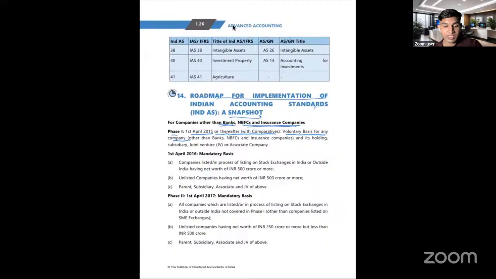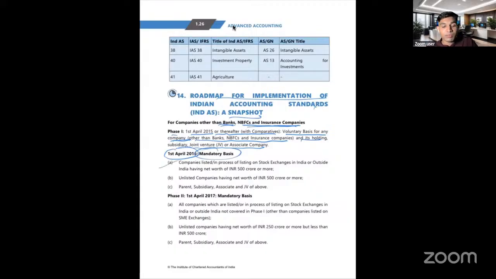They have phase two: phasing in Ind ASs for Indian companies other than banks, NBFCs, and insurance companies, and its holding, subsidiary, joint venture, or associate companies. From 1st April 2016, they have applicability on a mandatory basis.